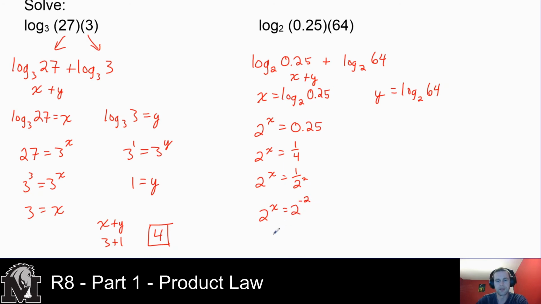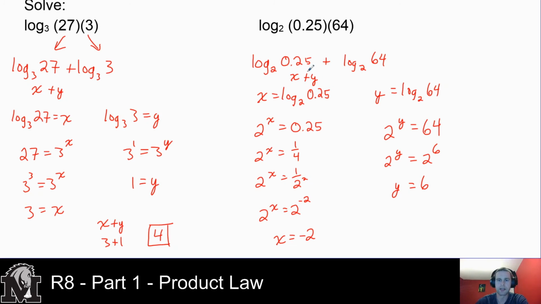Now that my bases are the same, I can see that x is equal to negative 2. In the right-hand equation, we're going to solve for y, so 2 to the power y equals 64. We need to write 64 with a base of 2. So 2 to the power y equals 2 to the power 6. Now the bases are the same, so y equals 6.